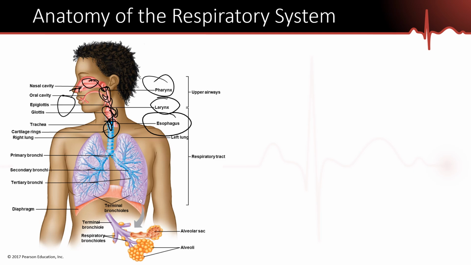So we're not to the point of discussing this, but there's got to be something that would cause the air to diverge in that direction, right? I mean, because it's a fork. The air could go down into the esophagus from the pharynx, or the air could go down into the windpipe or the trachea.